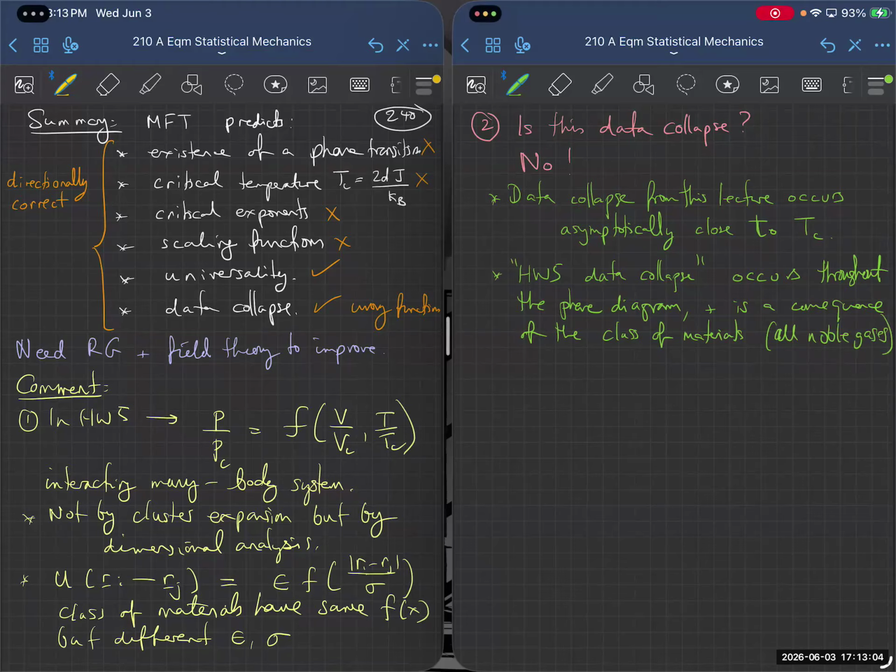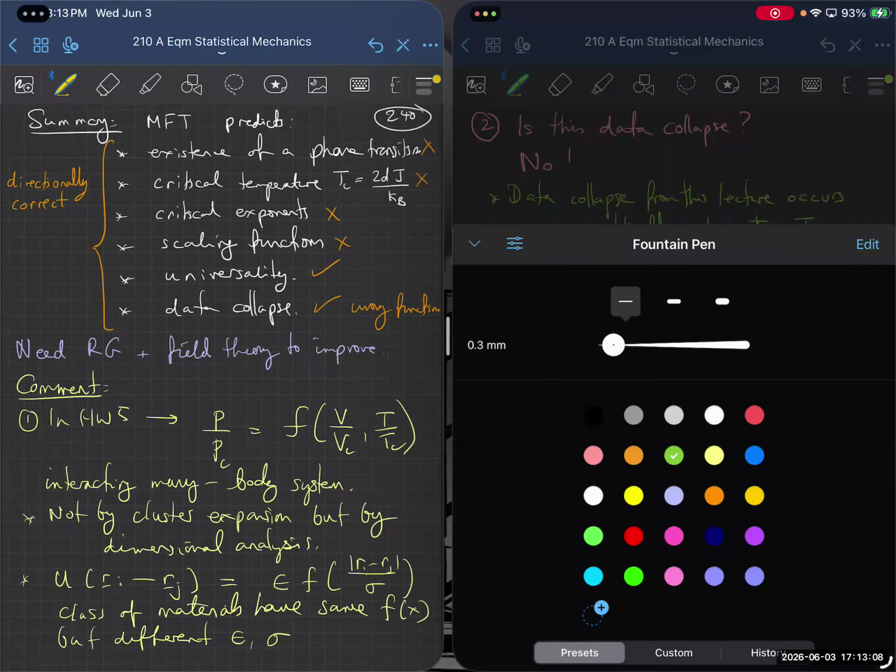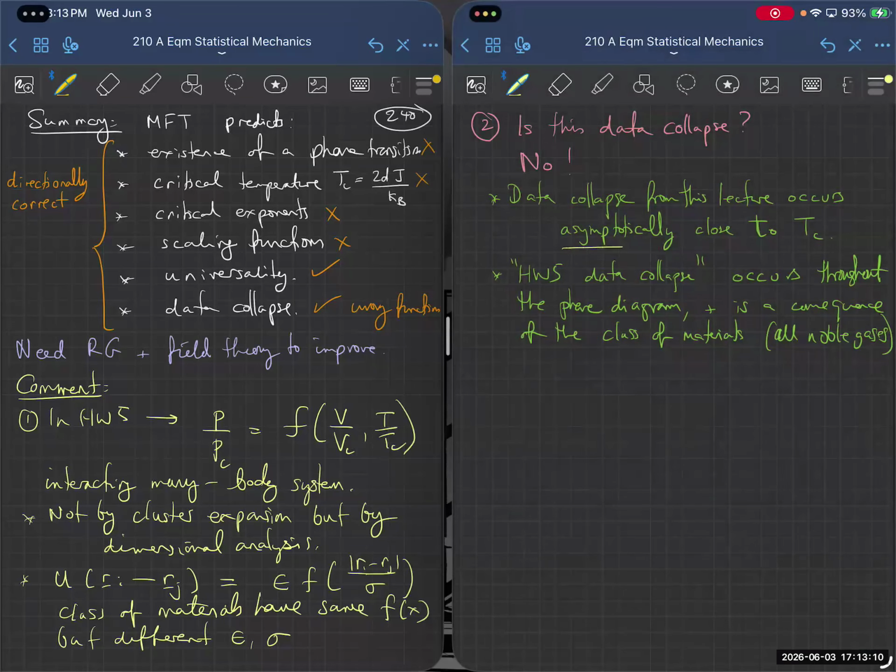Okay, so this one here is an asymptotically close to T_C result. This is an exact result given the class of materials. So they're not the same thing, but they are often confused as being the same thing. Okay, but they're not.